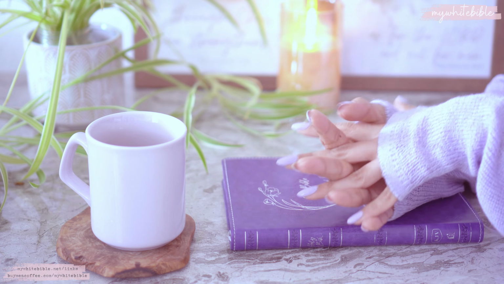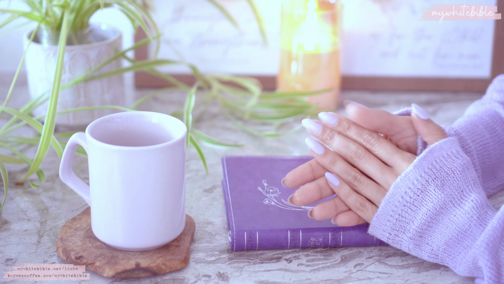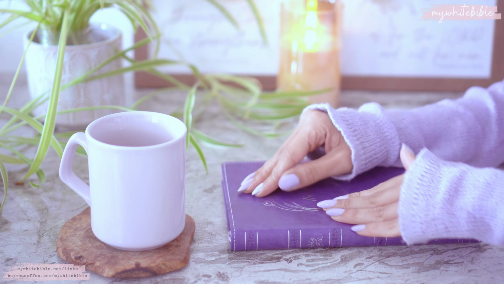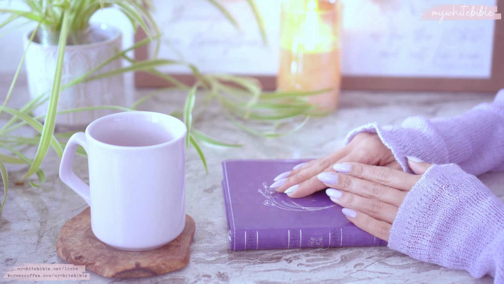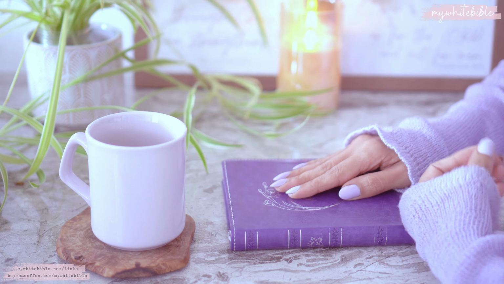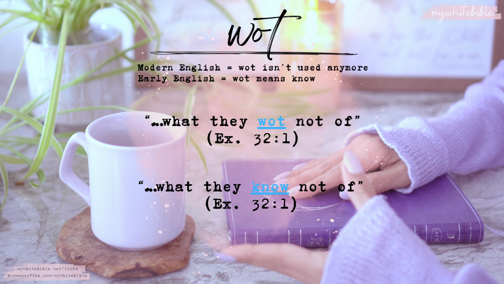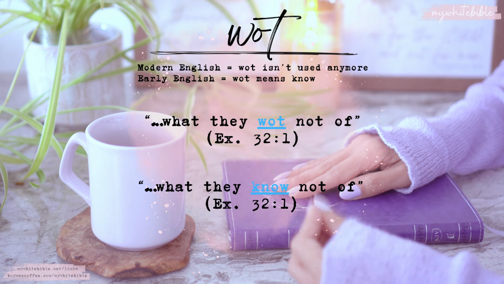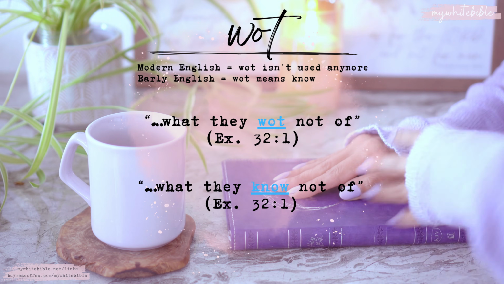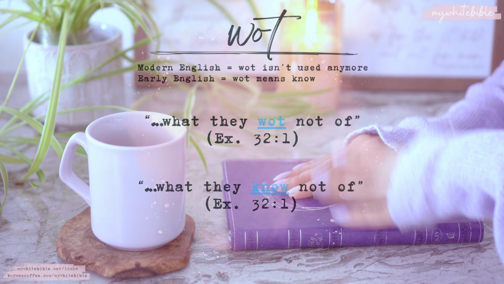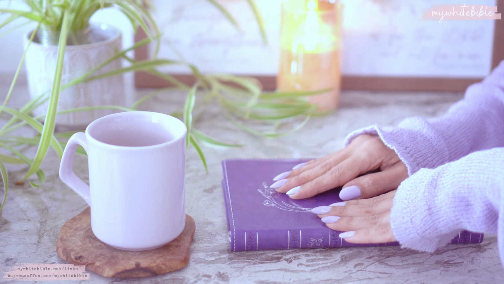But there are also a few words that aren't even used anymore in modern English that are included in the KJV as well, that you will need to learn as part of your vocabulary. So you might see wot, W-O-T, that means know. So in Exodus 32:1, what they wot not of, what they knew not of. And there's the word haply.